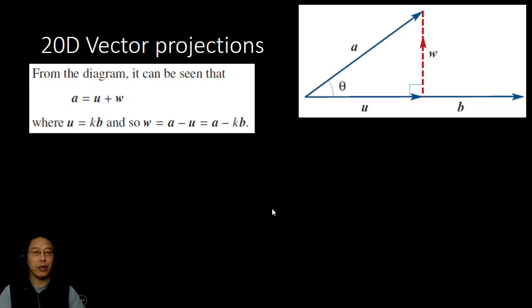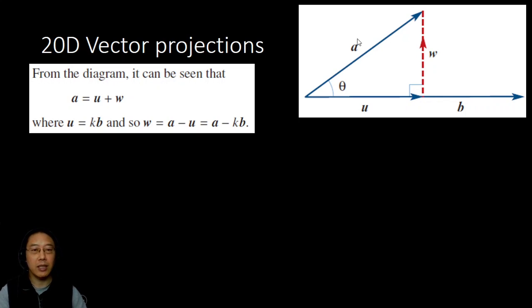From that diagram, vector A is equal to vector U plus W. You can see that U is parallel to B, so we can express U as a scalar amount times B, and W is perpendicular.